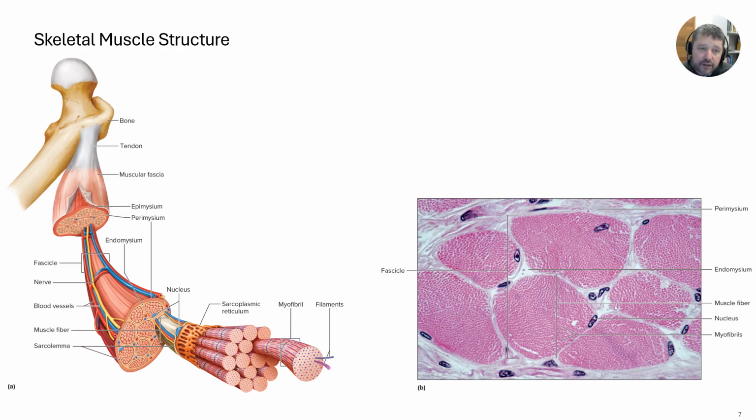And then an epimysium would cover all those patches, like this patch and the one that's over here and the one over here. All those patches together. And then that would be covered in a muscular fascia, and then it could be associated with a tendon that's attached to a bone, or it could be associated with other things. And we'll come back and look at the other pieces that fall into this picture shortly.